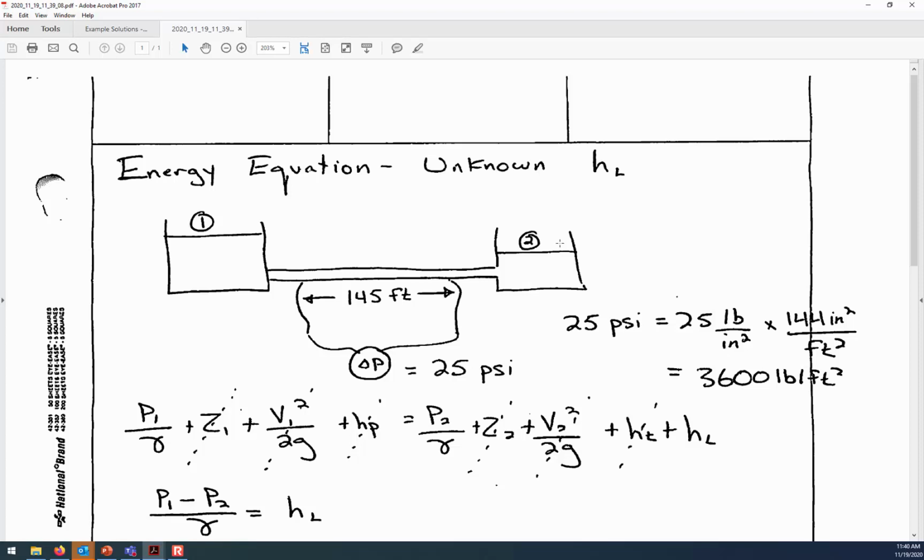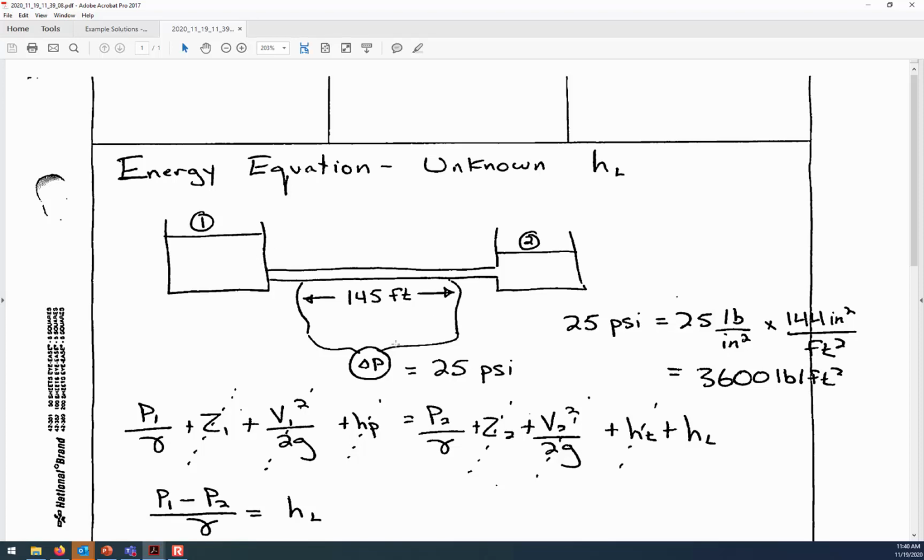Even though it's through a horizontal pipe, if we were to connect the dots between this water elevation and that water elevation, it would give us a piezometric surface that indicates how much energy there is in the pipe at any particular location.